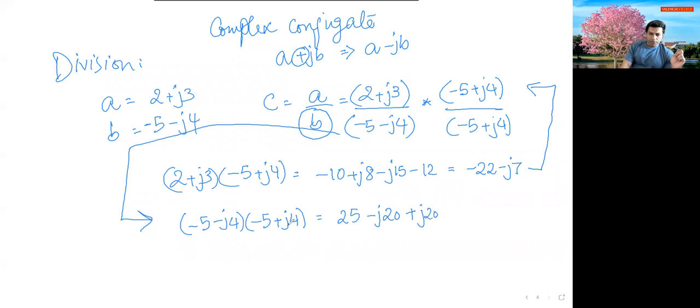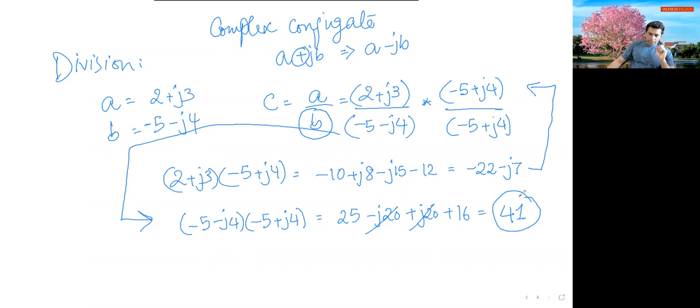And negative j4 times j4, j times j is negative 1, so negative 1 times negative is positive, and 4 times 4 is 16. So plus 16. Observe positive j20, negative j20 cancelled out, and you get only 25 plus 16, which will be 41. So anytime you multiply a complex number by its conjugate, you will always end up with a real number.